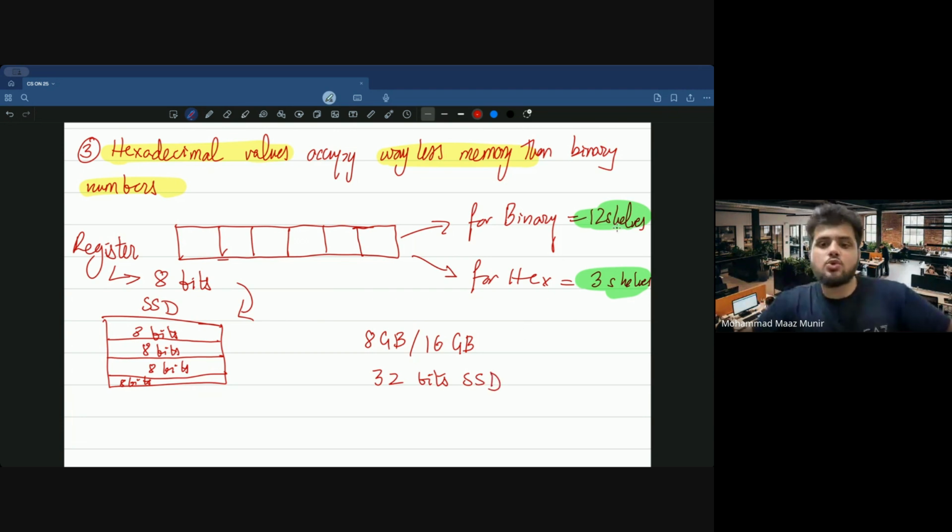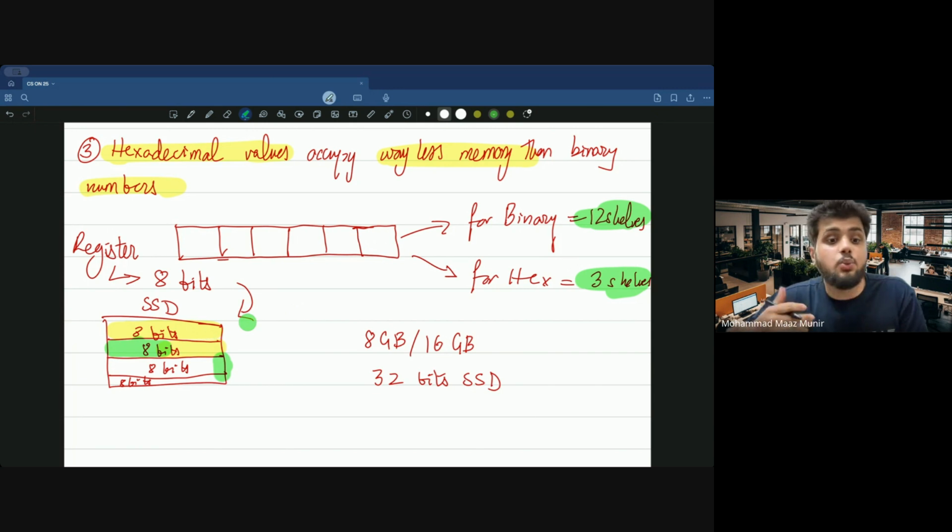If I want to store binary numbers, a binary number will take 8 up here and then 4 from here, so it's going to take 1.5 times of 2 slots. But if I want to store hexadecimal values, it's only going to take 3, which means that even in one slot I can store nearly 1.5 values, and then I can take a bit of the next. So I can store 2 in this much, whereas if I'm storing binary values, it's going to take this much space, the yellowish part.